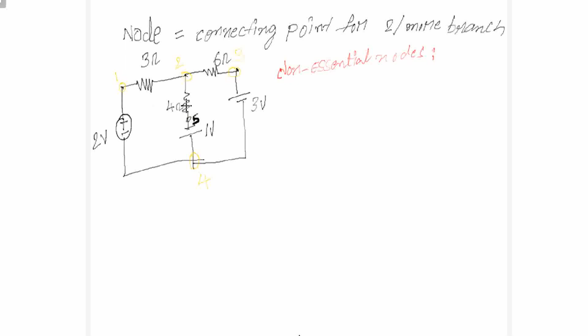So first of all we have to find non-essential and essential nodes. How many non-essential nodes are there? A non-essential node is nothing but one which connects a passive element with an active element.